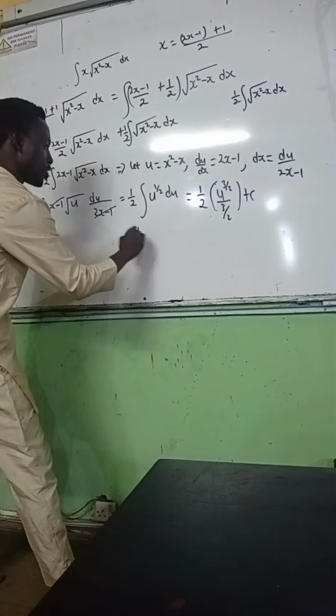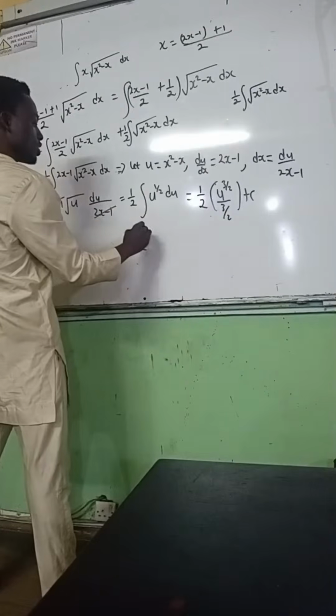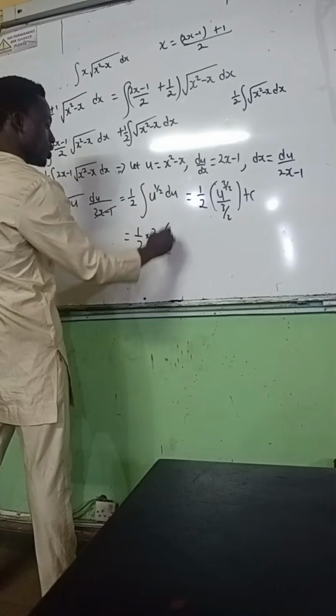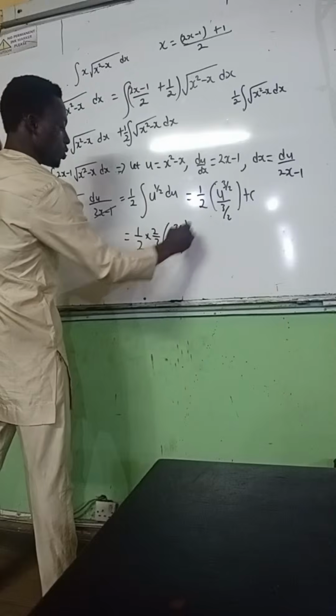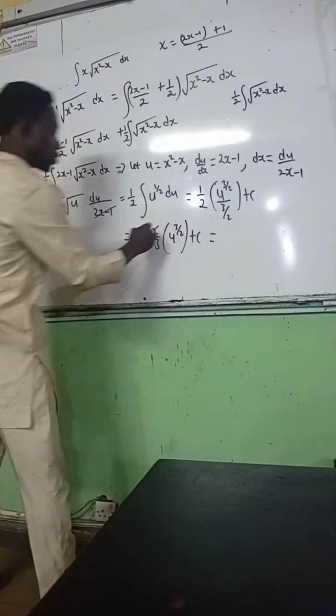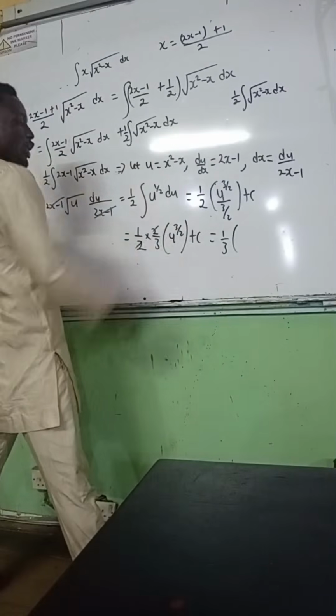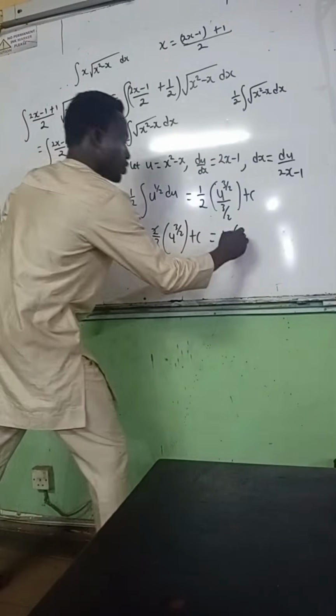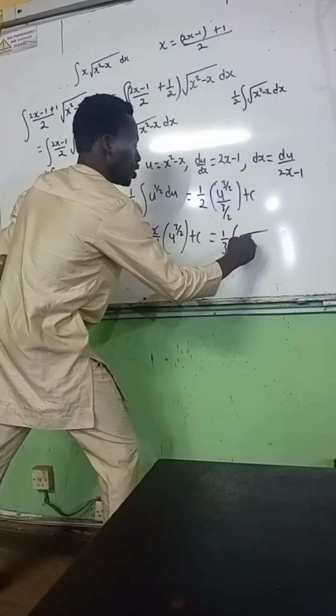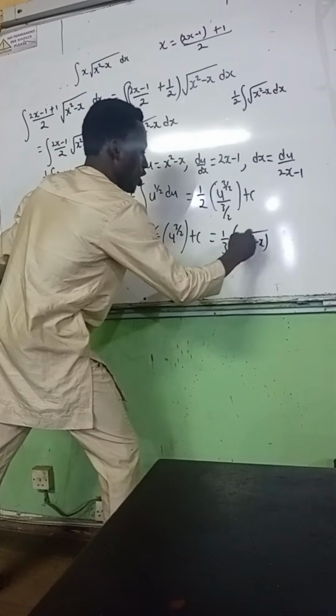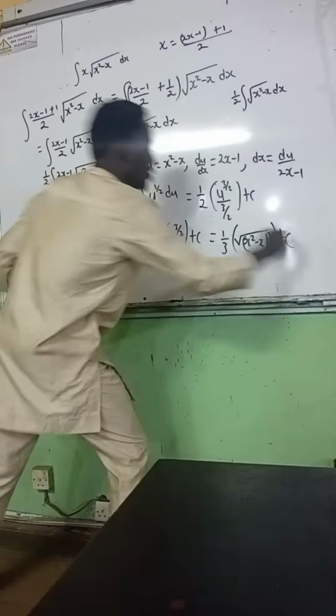So equals 1 over 2 times, 3 over 2 changes to 2 over 3, u raised to 3 over 2 plus c, equals, the 2 cancels 2, 1 over 3 square root of u cubed. That's the square root of, what's our u? x squared minus x, all cubed plus c.